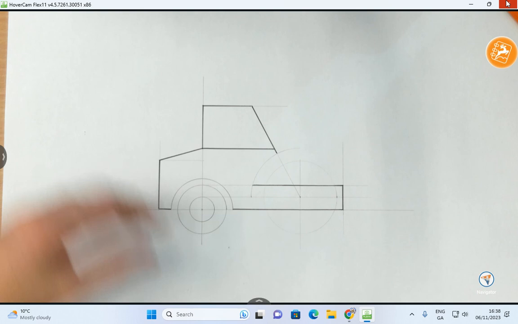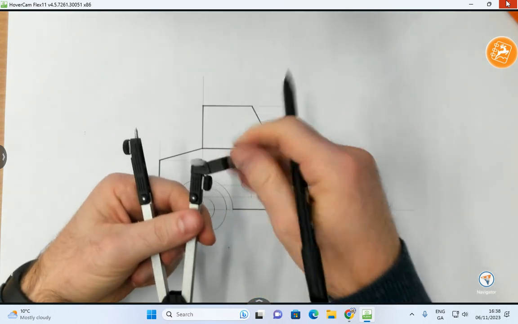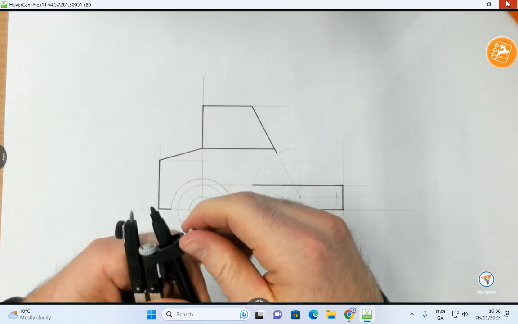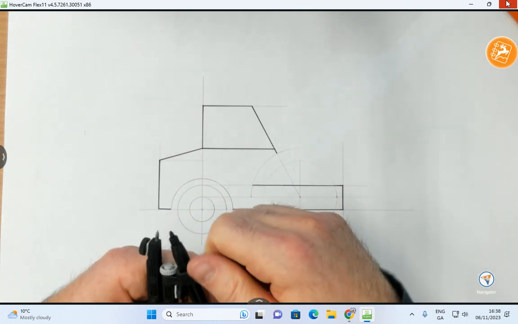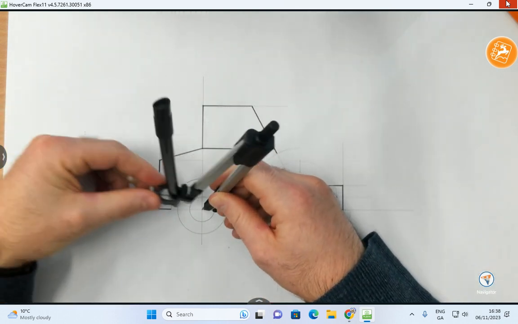Okay, and now I'm just going to switch out the head of my compass here, just to one that will take a marker. I'll do this as best and as accurately as I can. Okay, so starting with the radius 10.